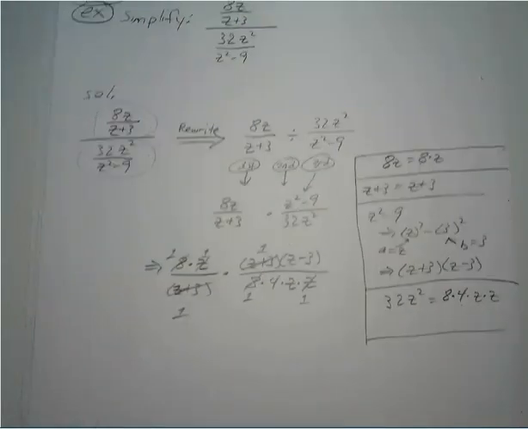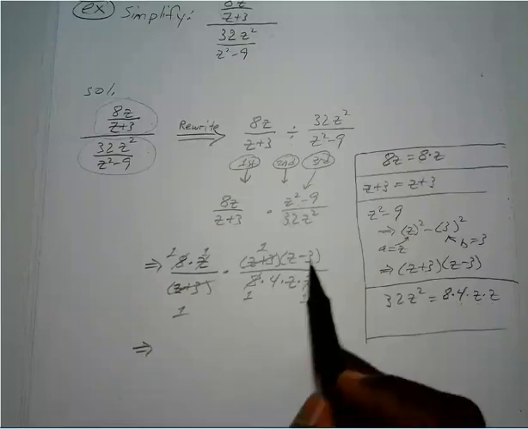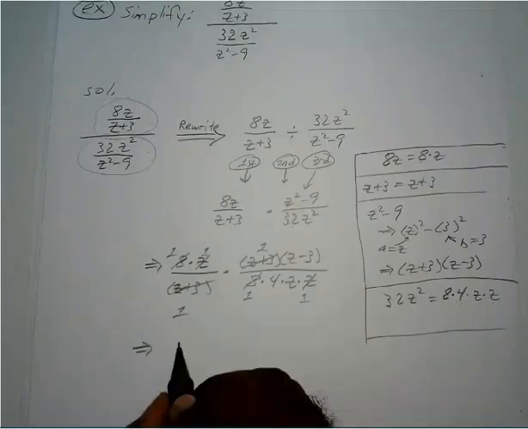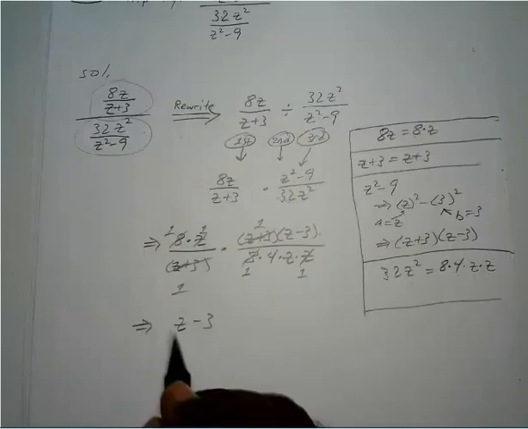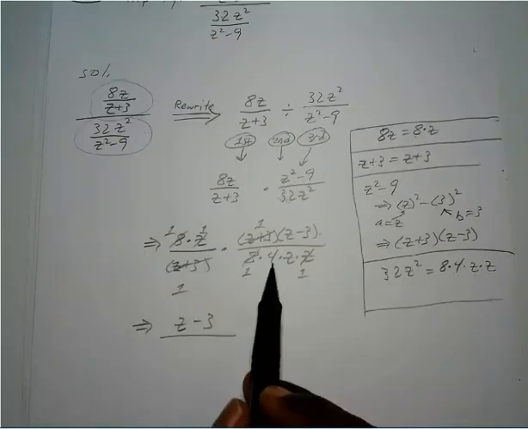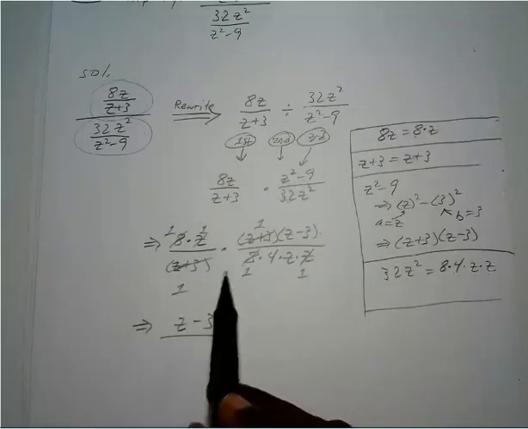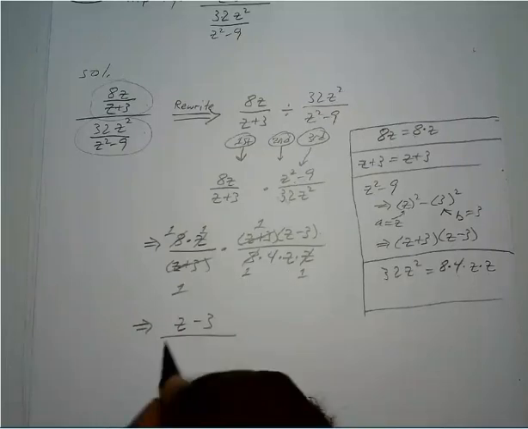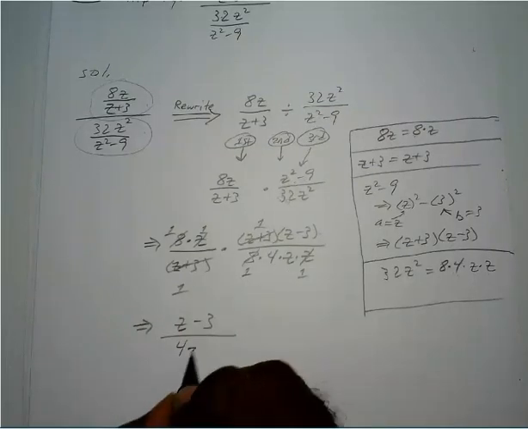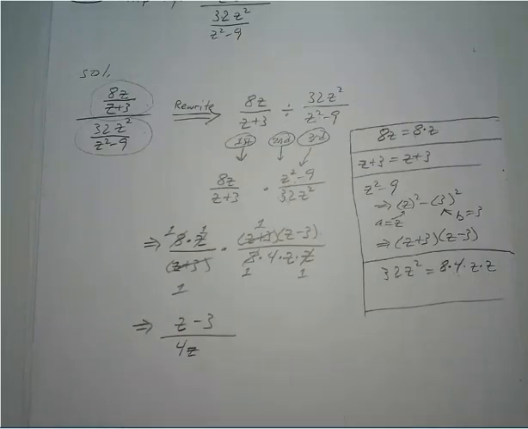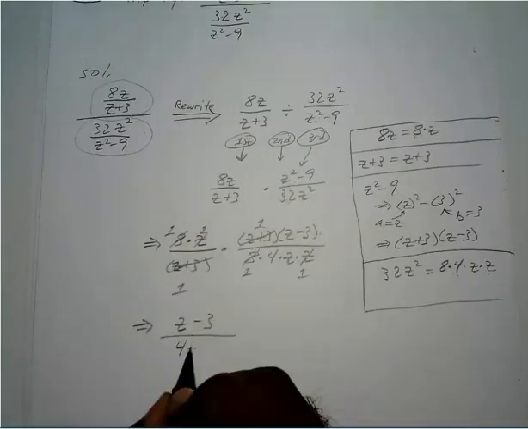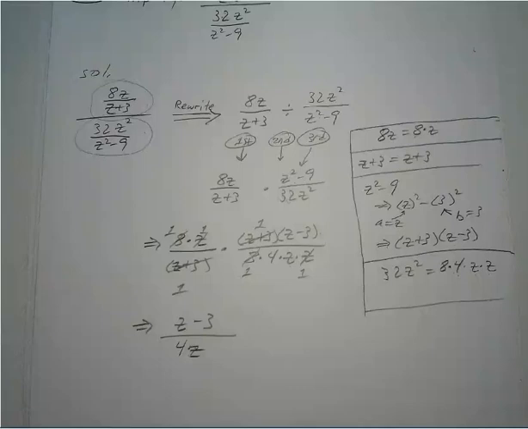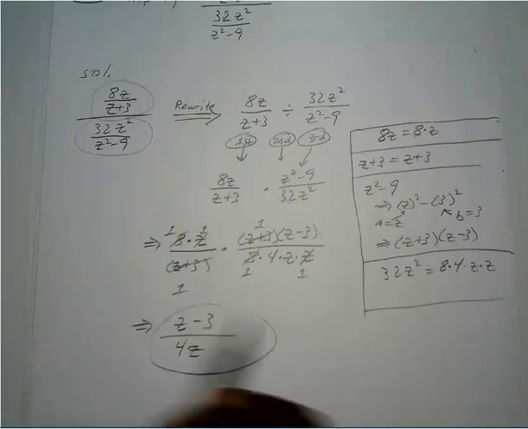Okay, so the only thing that didn't cancel out in your numerator is your z minus 3, over the only thing that didn't cancel out in your denominator, which is 4 times z, or just 4z. Let's clean that up a little bit more. There we go. Okay, and that would be your final simplified answer.